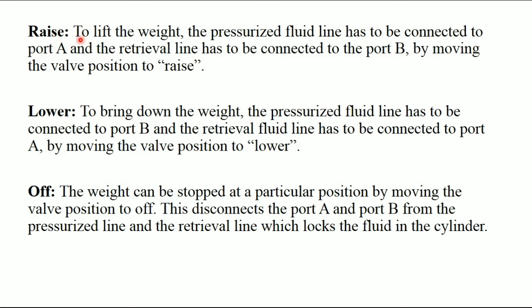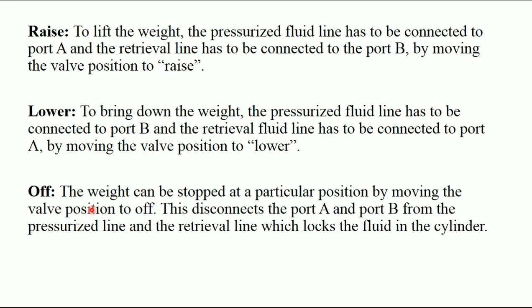Rise operation: to lift the weight, the pressurized fluid line has to be connected to port A and the retrieval line has to be connected to port B by moving the valve position to rise, that is, DCV (direction control valve) position rise. Then lower: to bring down the weight, the pressurized fluid line has to be connected to port B and the retrieval fluid line has to be connected to port A by moving the valve position to lower.